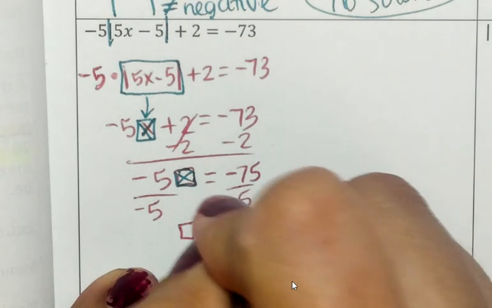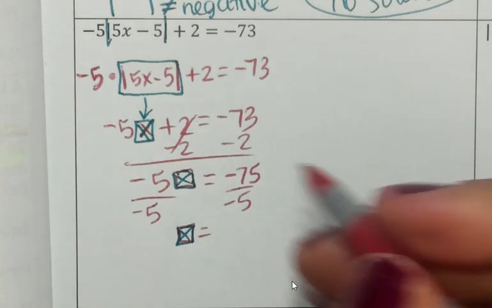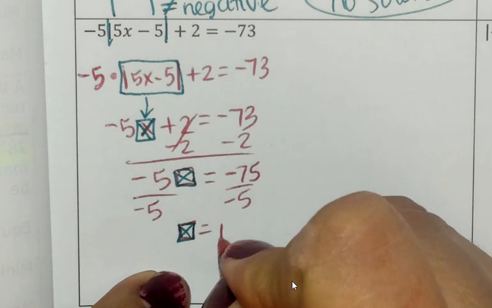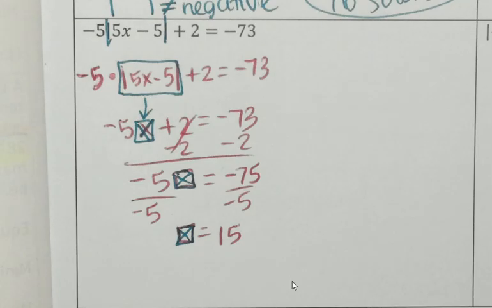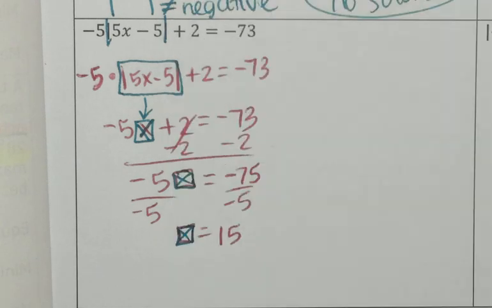So this box equals, I believe it's 15. I'm just going to double check. So 75 divided by 5, yeah, 15.